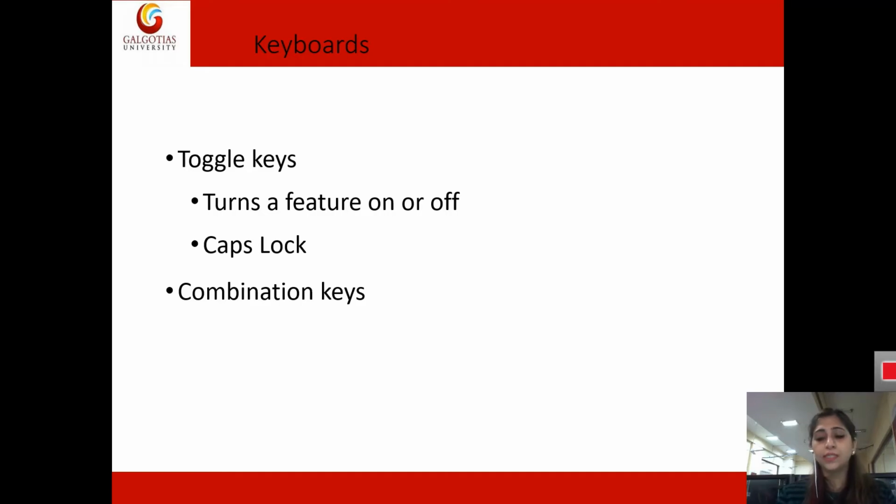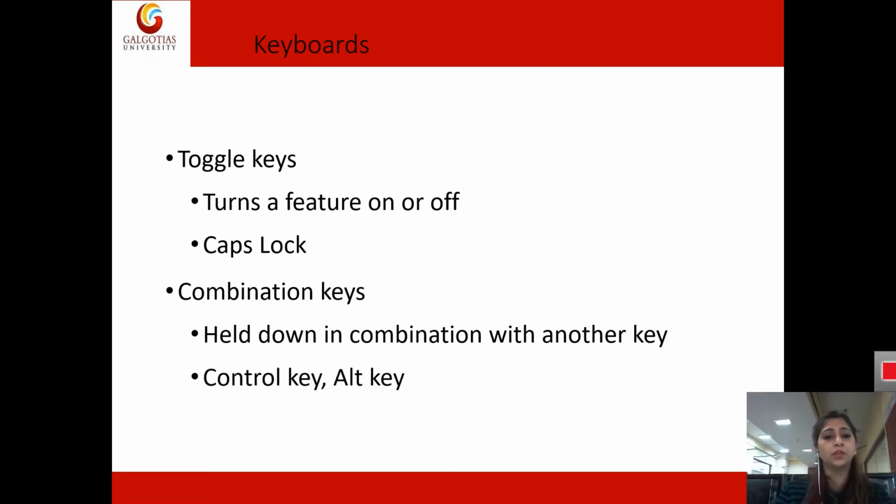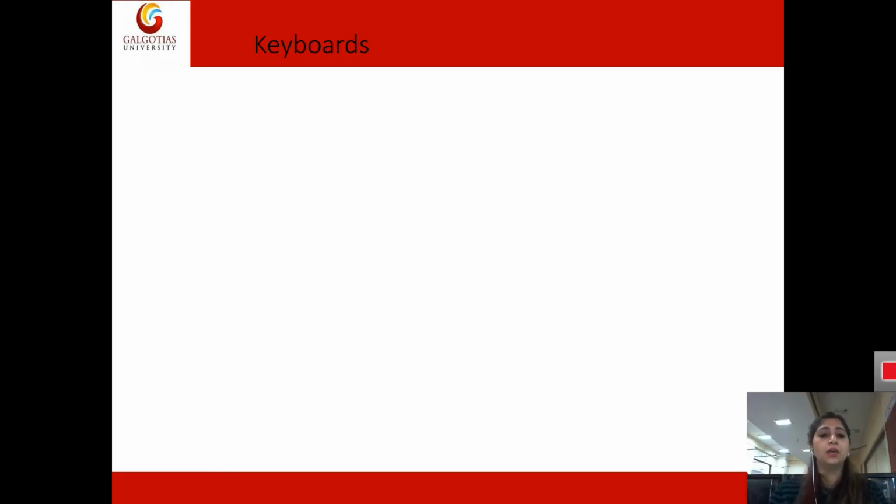Control plus Alt plus Delete is used to open the task manager. So we have many key combinations that have specific purposes, used to enter data or to do specific work. These are held in combination with other keys, and the Control key and Alt key are the combination keys specifically.